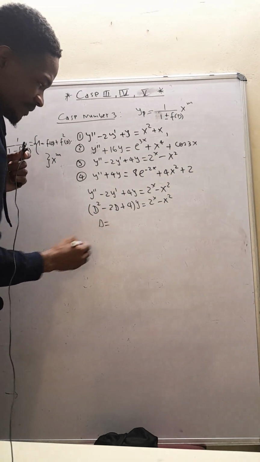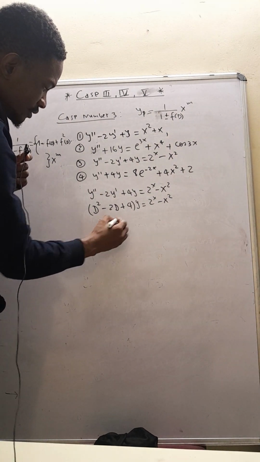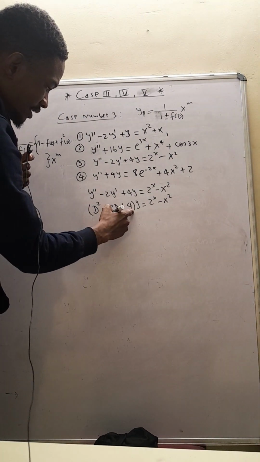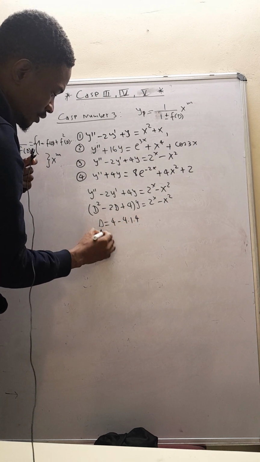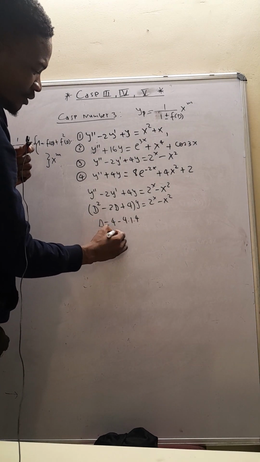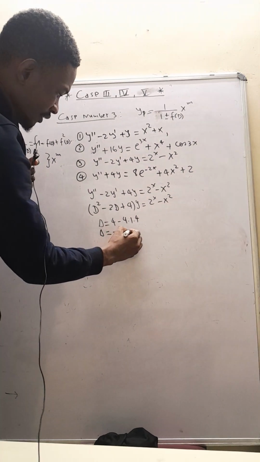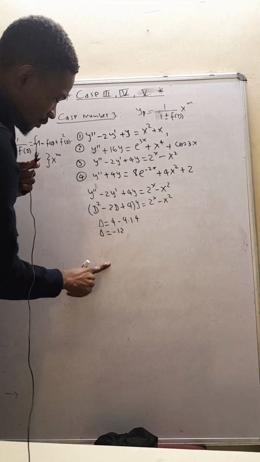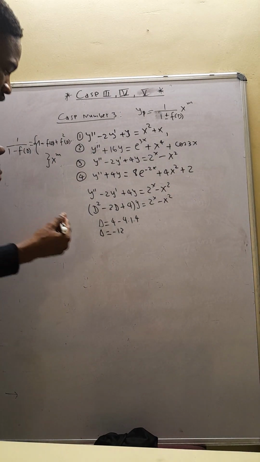So delta will be like 4 minus 4ac, okay? A is 1, c is 4. So delta will be equal to, as you see here, minus 12. Okay, so minus 12, it is what we know. So if it is minus 12, it means that we have imaginary roots.